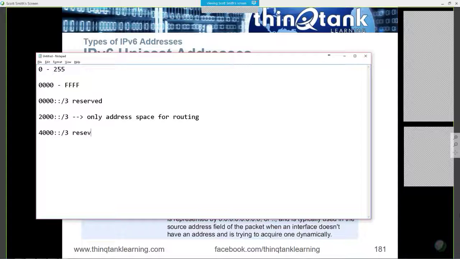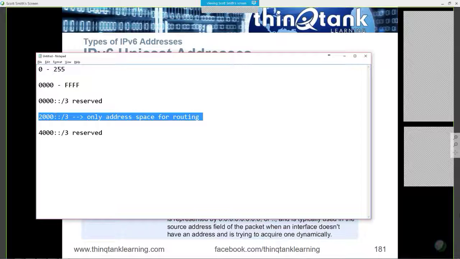So there's still a lot of reserved address space that's not being used for anything today. This is my public routing domain. So every single IPv6 address on the planet that is routed on the internet falls within that range.